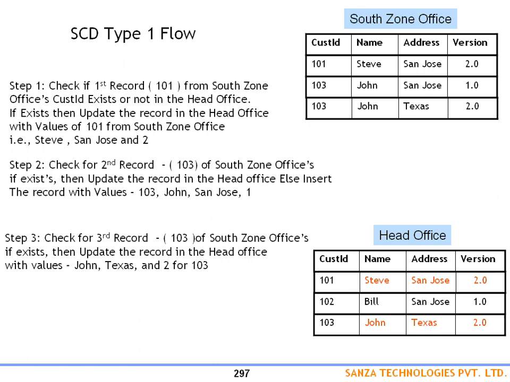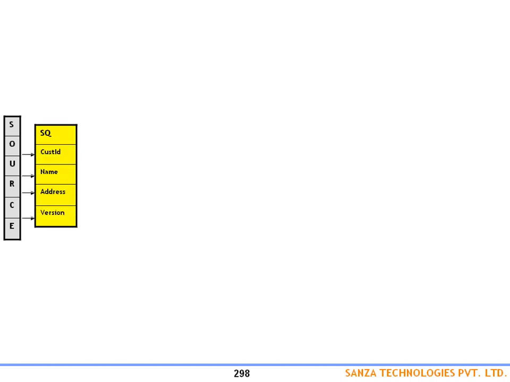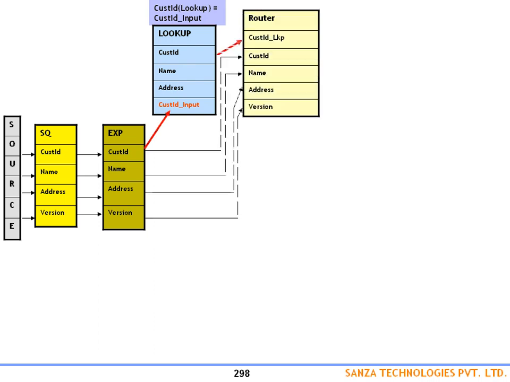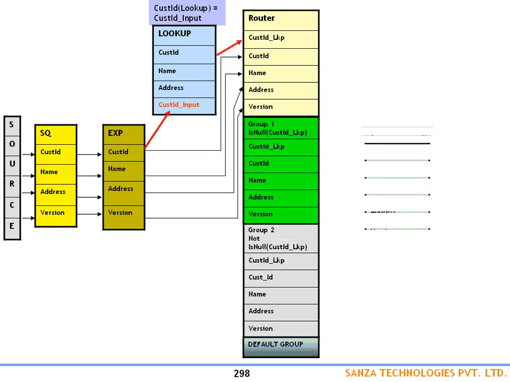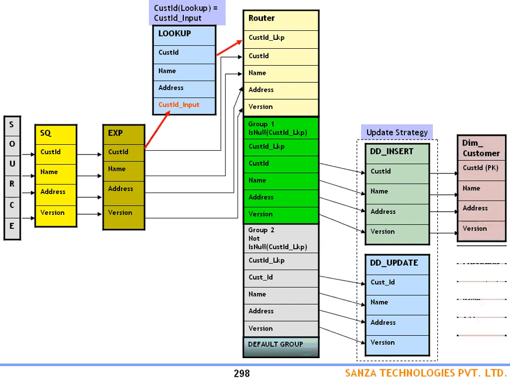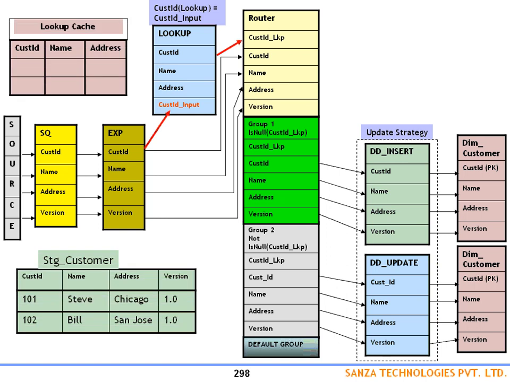Now, how do we do it in Informatica? Remember SCD type 1. You have the source qualifier, expression, lookup, then group by, router. As soon as you execute the first time, please observe the data from staging.